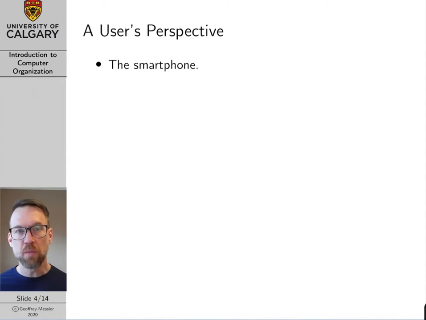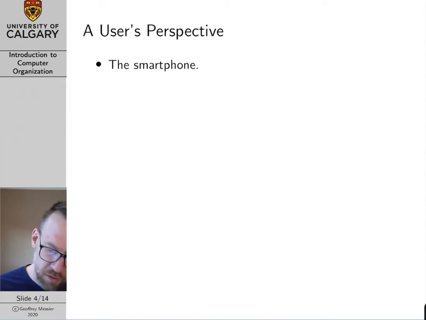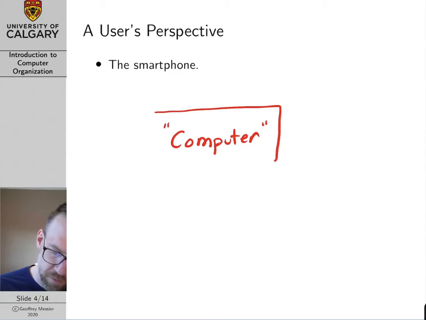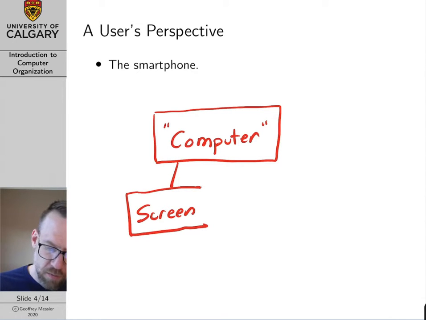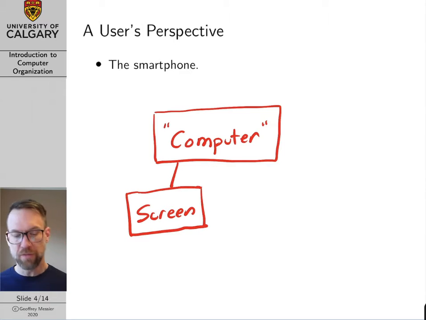Another very common way that we interact with computers is using smartphones. So again, inside a smartphone, we understand that there's some kind of device, let's call it a computer. And with a smartphone, the main way we interact with it is through a screen. Rather than just being an output device like it is on most personal computers, a screen gives both output to the user but also accepts input.